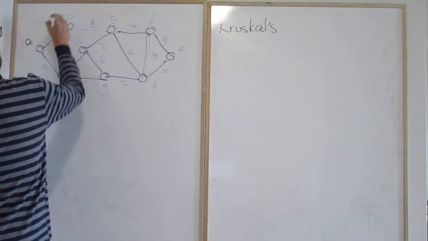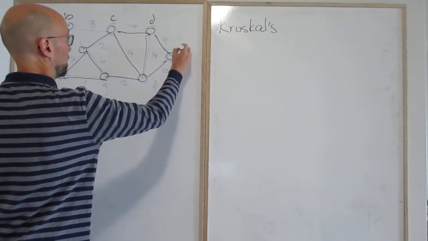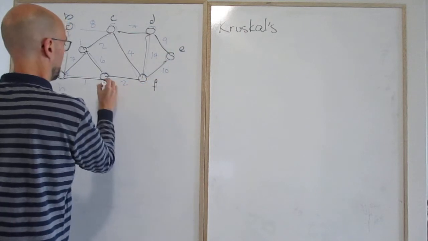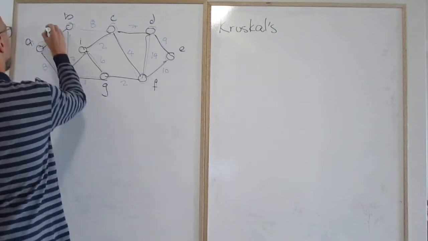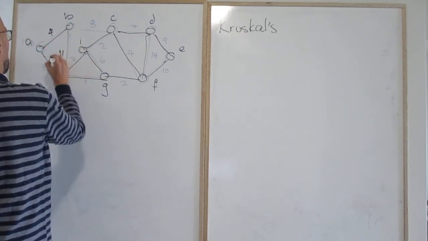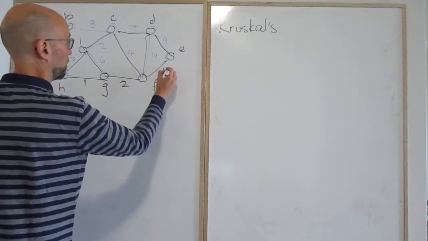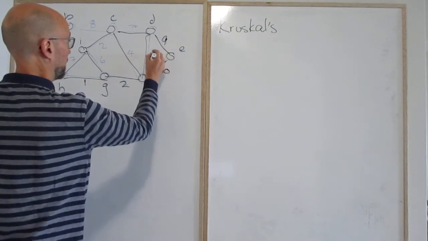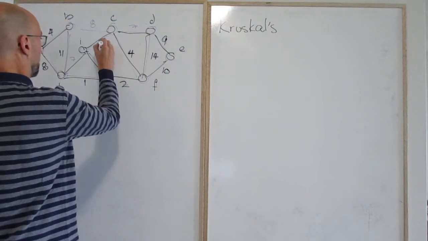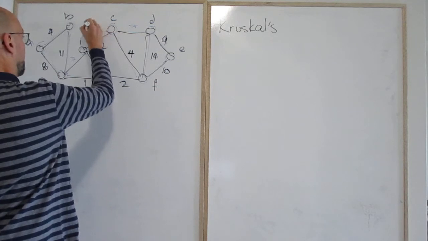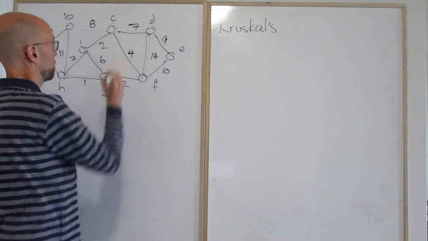So this is A, B, C, D, E, F, G. The edge weights are 4, 11, 8, 1, 2, 10, 9, 14, 4, 6, 2, 8, 7, 7.